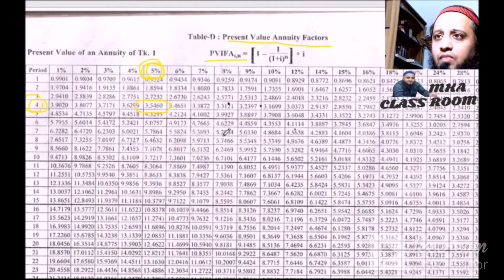So we can write down, it is usually the intersect point 5% and 4 period. So in the 4 period, we have to find out our calculated value 3.5460. So in this way we search this value in the 4 period, then we find it has in the 5% value.